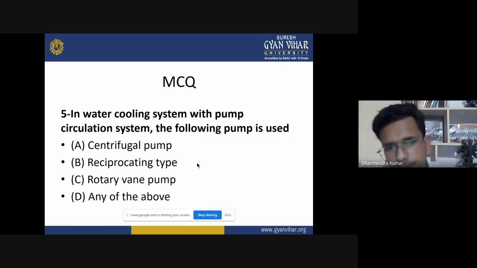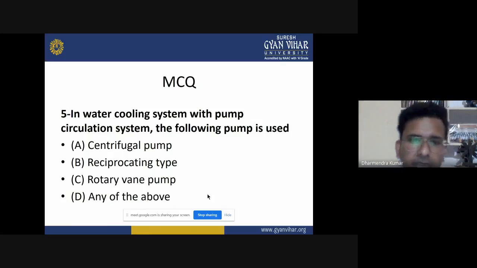Then surely option A is the suitable answer for this multiple choice question.